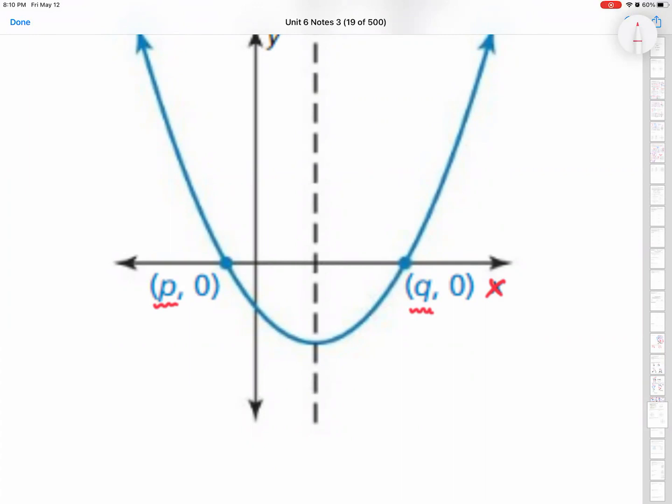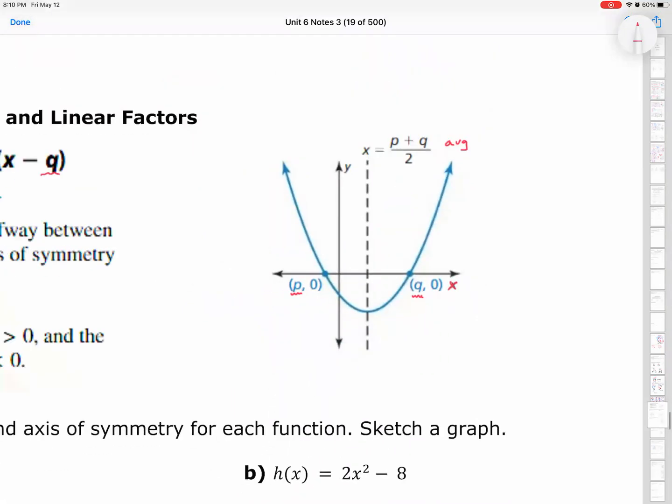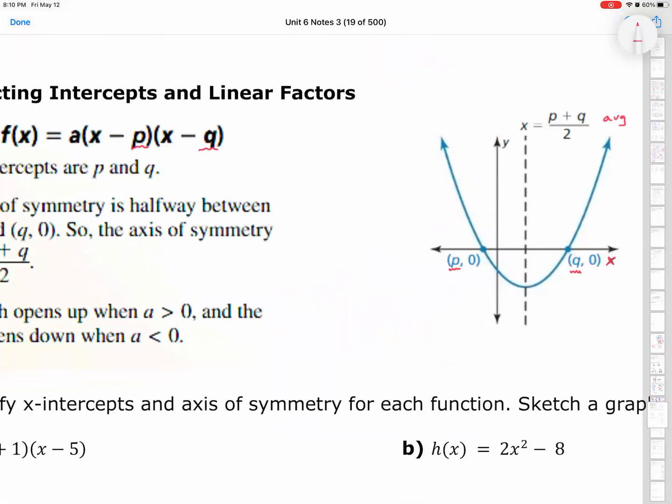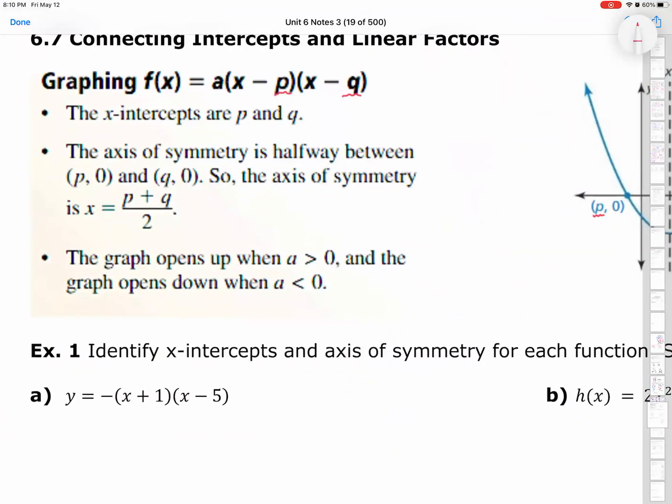So to find that, we take the average of the two: your p value plus your q value, divided by 2, to find out where it is in the middle. Again, that's for your axis of symmetry. Once you have your axis of symmetry, you can then find the vertex and all these other items, but for right now, we'll focus on that in a little bit.